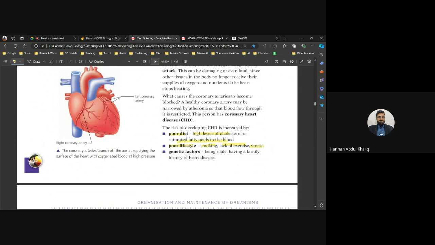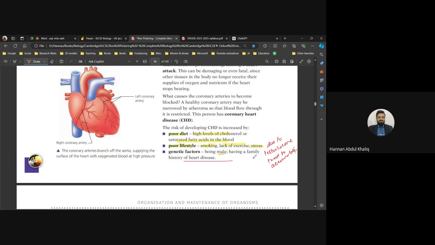Basically, gender is the most important thing. Males, due to their primary hormone, testosterone, tend to accumulate more fats and more clots. Then having a family history of heart disease is another, very big problem.